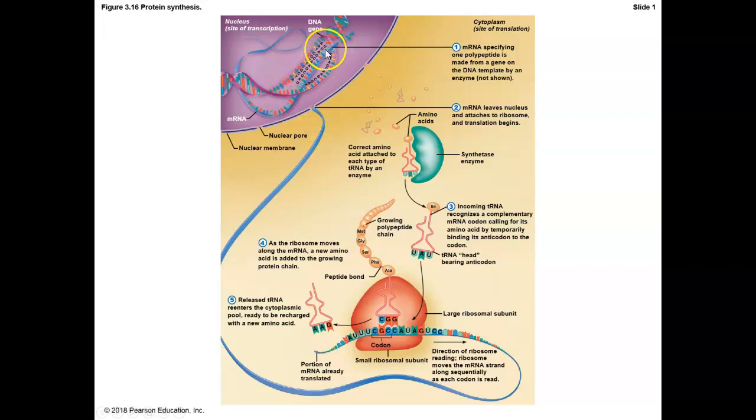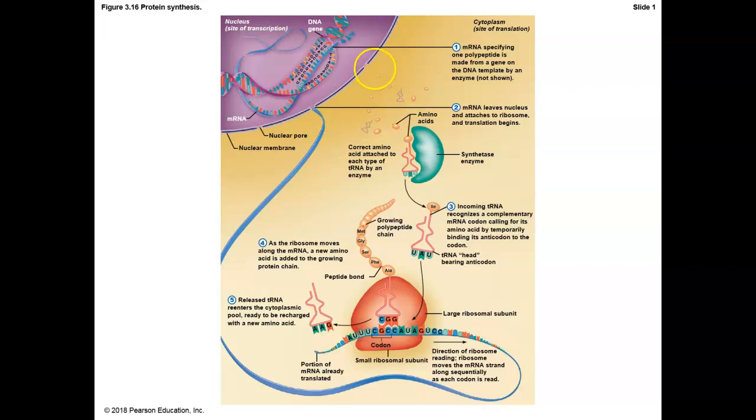So here we produced the messenger RNA in transcription. We then had to modify that messenger RNA to make it mature. It leaves the nucleus, enters the cytoplasm. It's going to then attach to ribosomes on the rough ER or free floating in the cytoplasm.